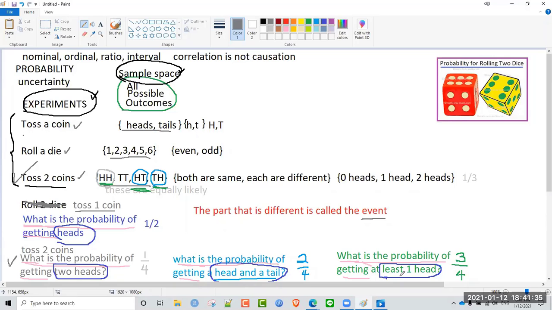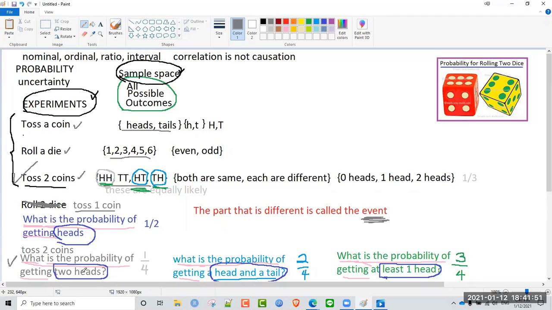So we need some other definition than just the part that comes at the end of the sentence. I want to understand, what does this word event mean?